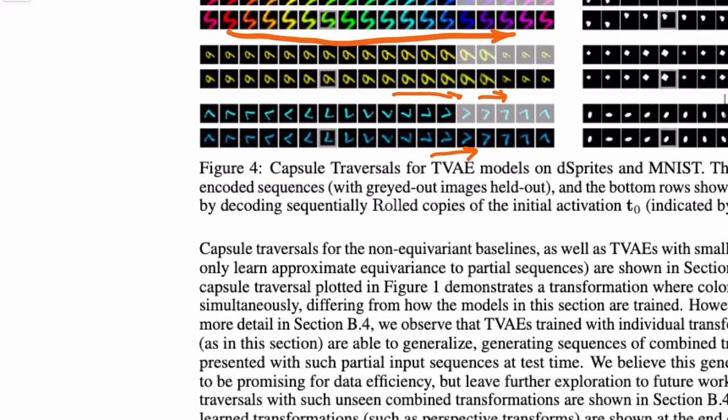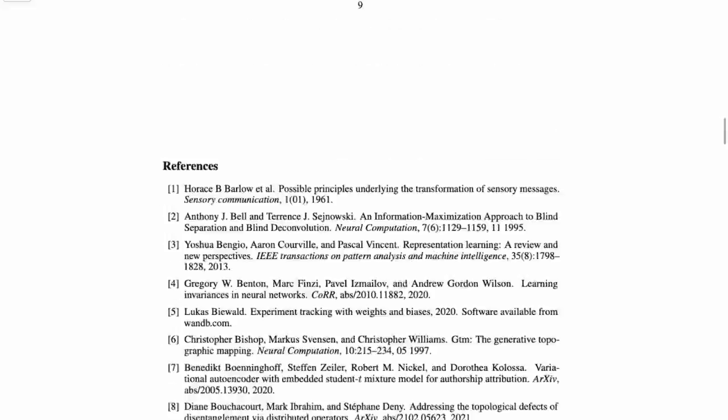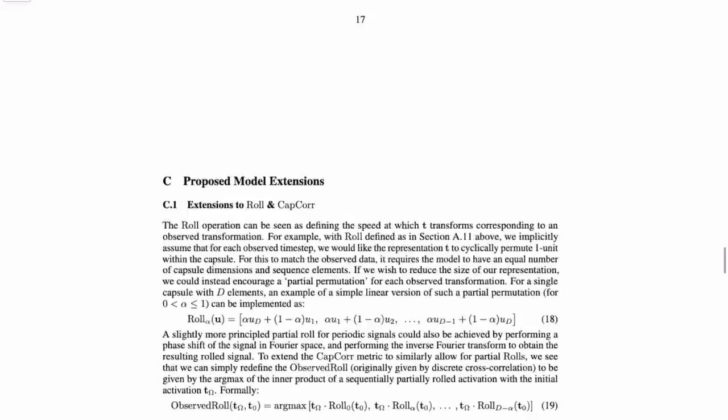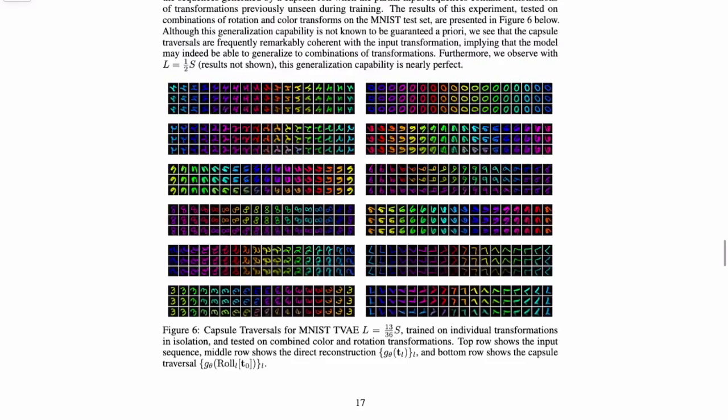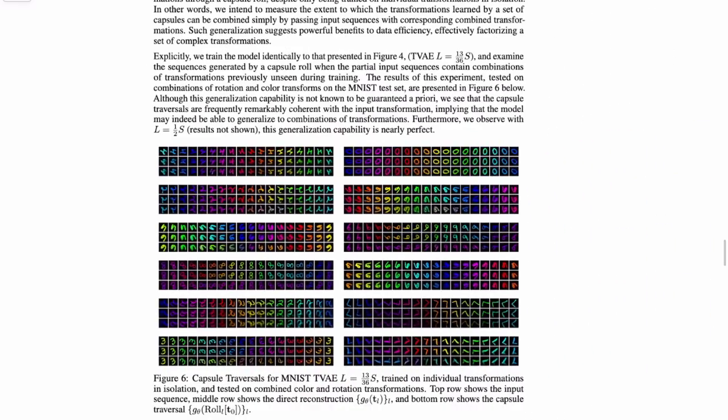The model continues the rotation, and it turns out even if the model is just trained with single transformations, so either a rotation or a scale transformation or a color change, it can generalize to multiple transformations at once. As you can see right here, colors and rotations, the model can generalize to that.